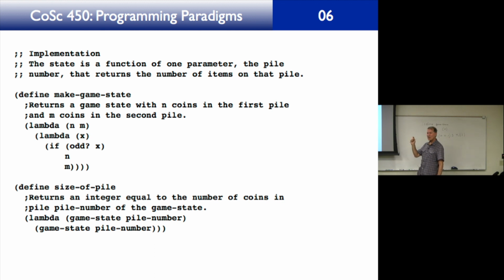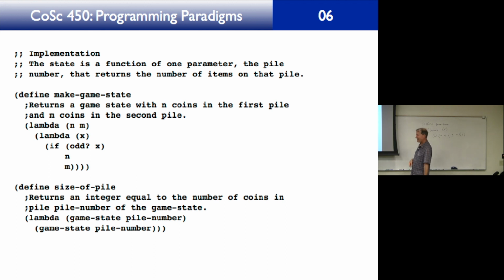See, in the functional paradigm, functions are first-class citizens. They can get manufactured and passed around as parameters. And look at this. What happens here is that game state gets passed as a parameter into size of pile. And the way we use it is, oh, it's a function. So we just put parentheses and we just put the function there. And it executes it and returns the correct pile number, the correct number of items in the pile for that pile number.